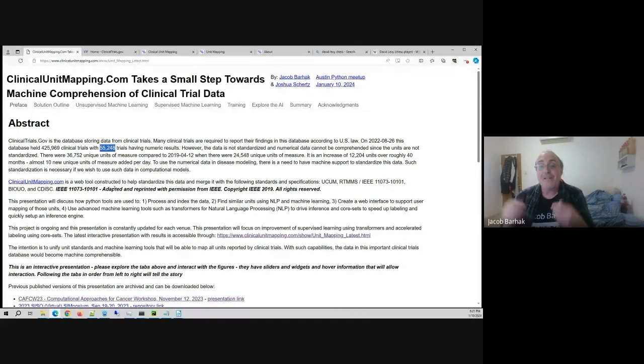Each day, all the sources reported data with different units of measure, about 10 new ones. This was happening already, and this is all public. You can actually go and check this out. Maybe you will have a problem downloading a file from 10 years ago, but I have some that I can show you. But it's all possible to actually check and see how bad the standardization is.